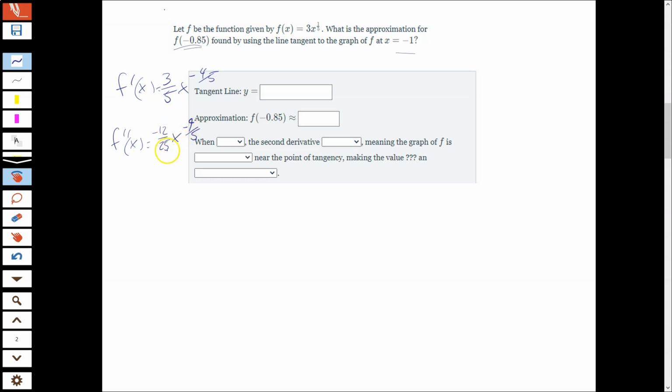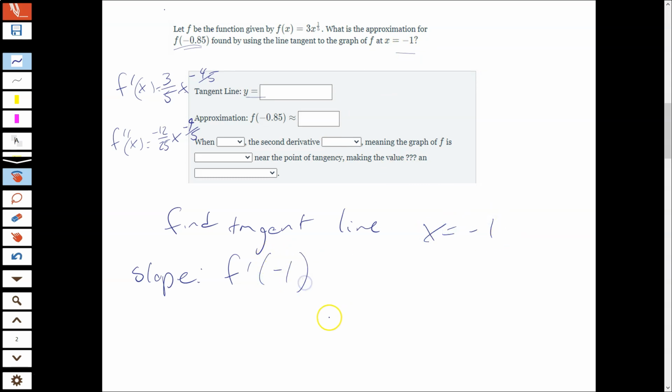Okay. Now, we are going to find first our tangent line. So my tangent line, remember, I need a slope. My slope of my tangent line is going to be f prime of, well, our tangent line is at x equals -1, so we're going to do f prime of -1. Okay?